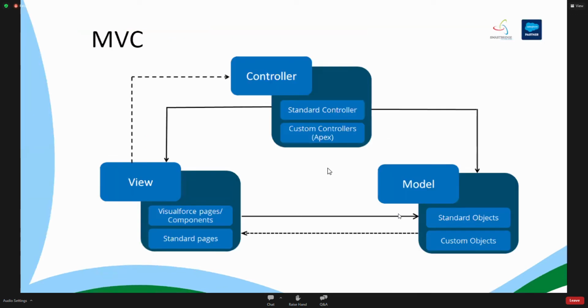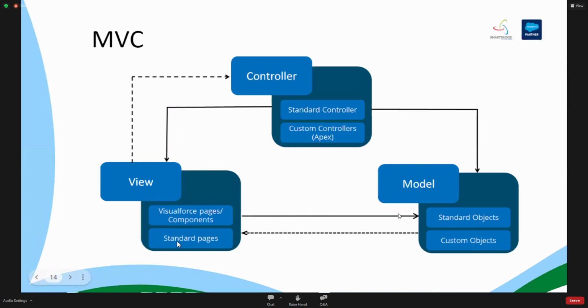So let me tell you what MVC is. MVC stands for model view controller. To maintain the data privacy, you have three features called controller, model, and view. The view part, the front end part, which is seen directly on the screen, will be controlled by the standard pages and the Visualforce pages.